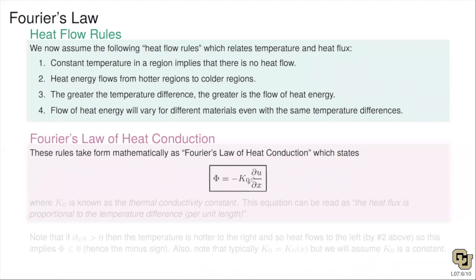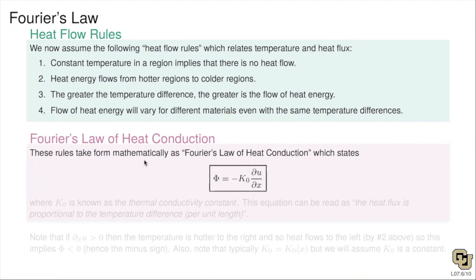This is basically the idea that the energy difference is what's driving the heat flux. Heat goes from hot to cold. If partial u partial x were 0, if the temperature was just constant, there's no temperature difference from one point in the rod to another, there's no heat flux. That's statement number 1, you're at constant temperature.